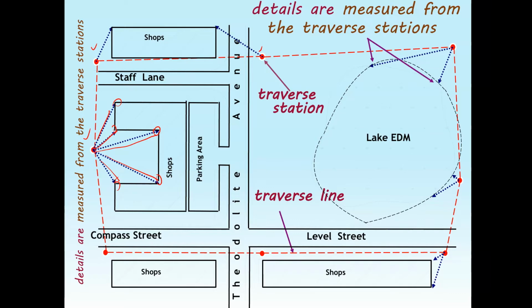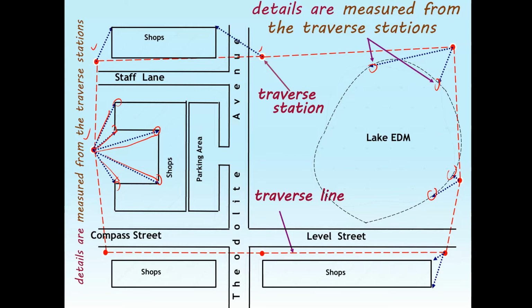Similarly to the lake, you can get the edges of the lake, then you can get the shape of the lake in the plan. So that's the first purpose of it, to provide control for mapping purposes.